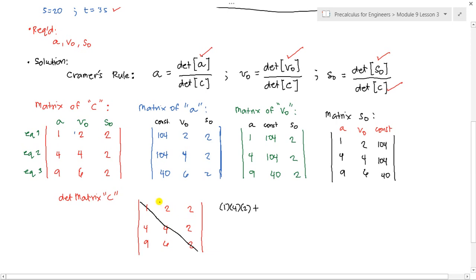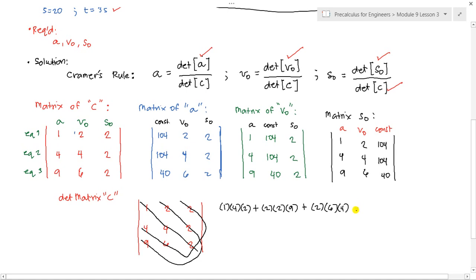In the second, since top left to bottom right man ta, so 2 times 2. Since kuwangan siya usa, ato siya i-match diri sa last nga 9. So we have 2 times 2 times 9. Next, si 2 na lang ang last, so we have 2 times, since dapat tulo, 6 times 4. So we have plus 2 times 6 times 4.